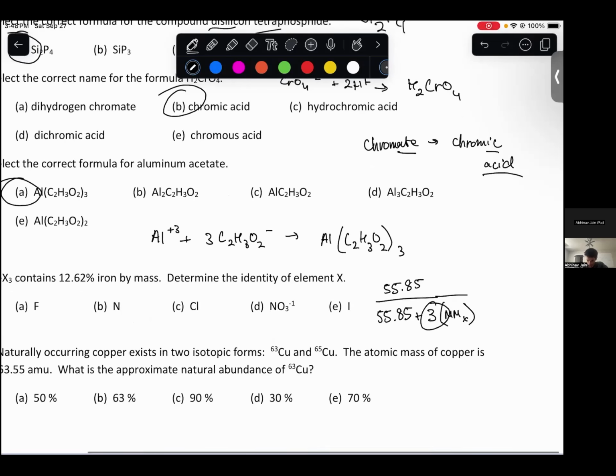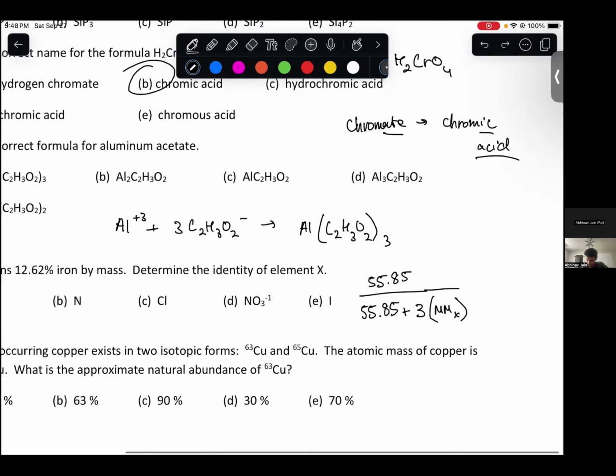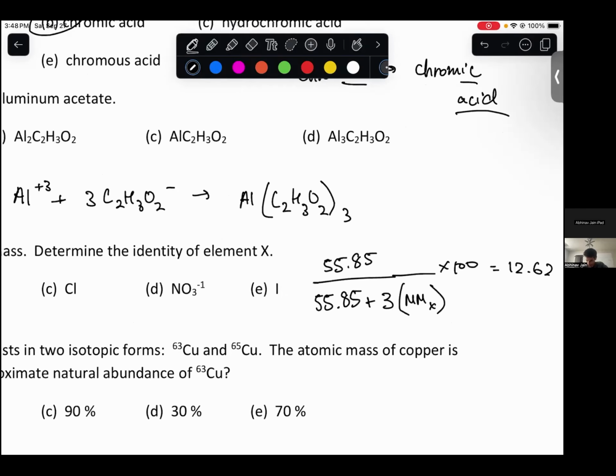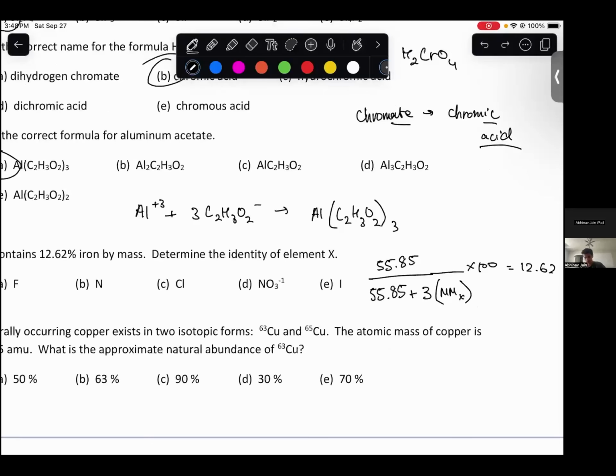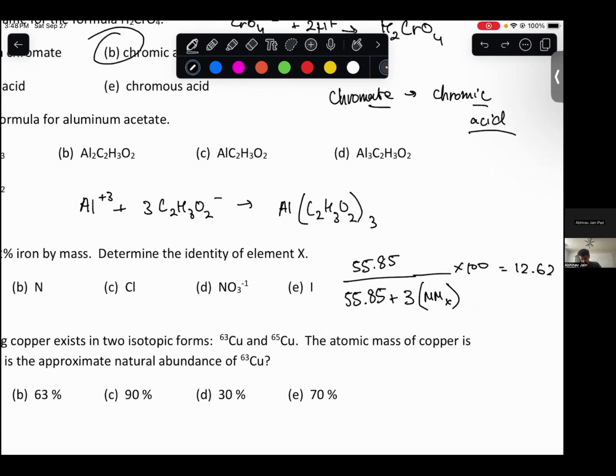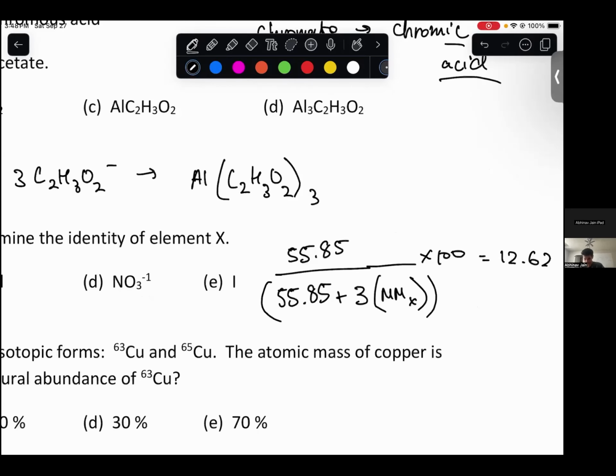It's 3 because there's 3 X's in FeX3. Then times 100 equals the percent, 12.62. Now we can solve for mmx like a regular variable. We can do 12.62 divided by 100, and multiply that by this whole thing.